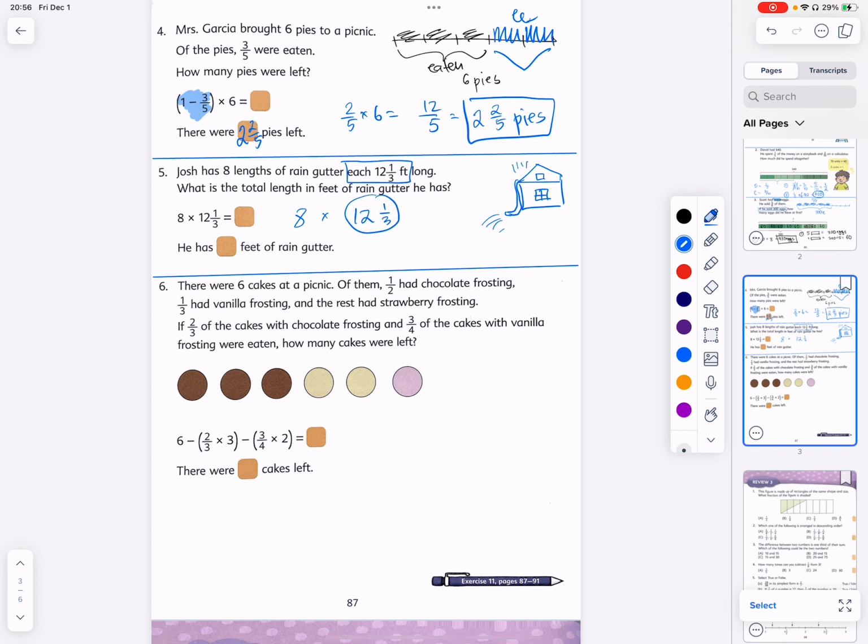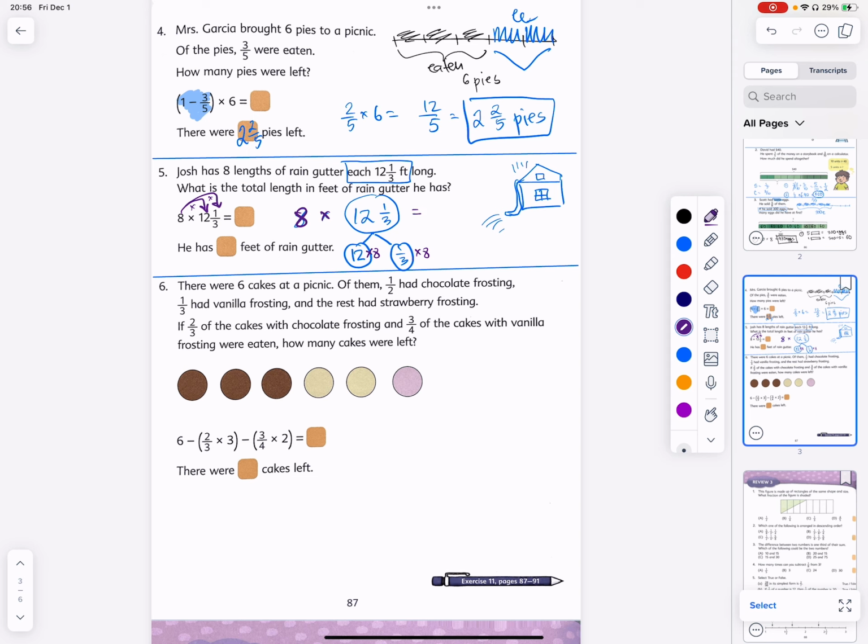Now, let's think of 12 1/3 as 2 parts. Its whole part and its fraction part. For us to multiply it 8 times, we need to multiply each part 8 times. Just like that, 8 times 12 and 8 times 1/3, right? We're going to split the number and do it step by step.